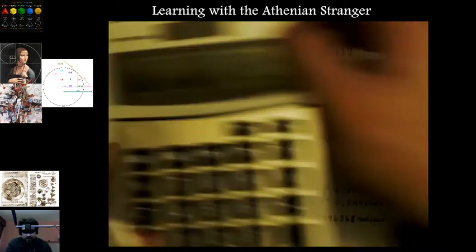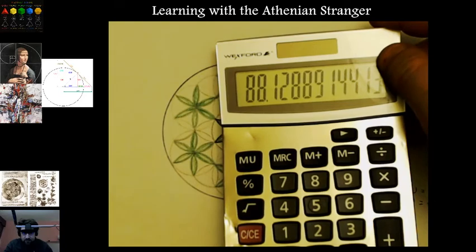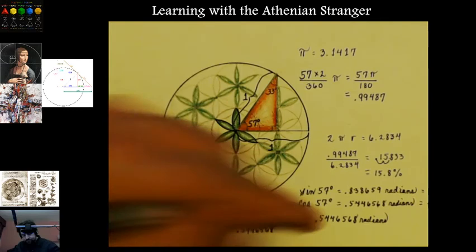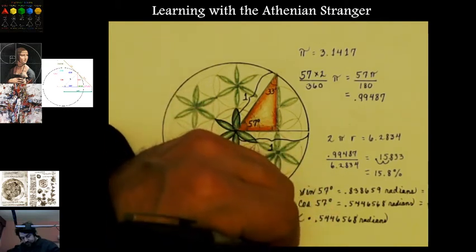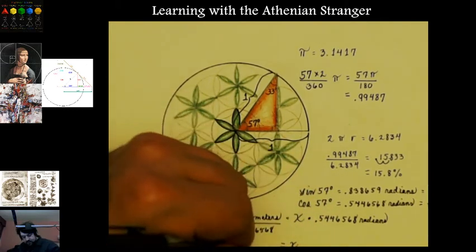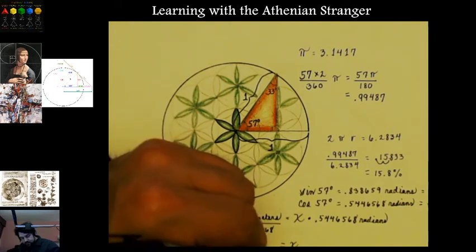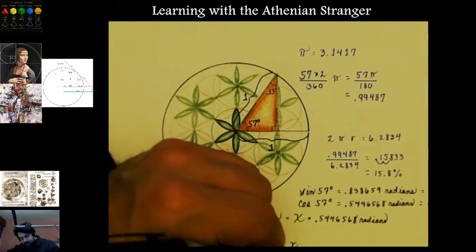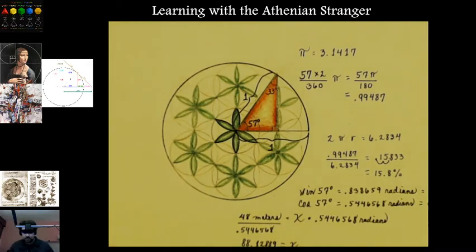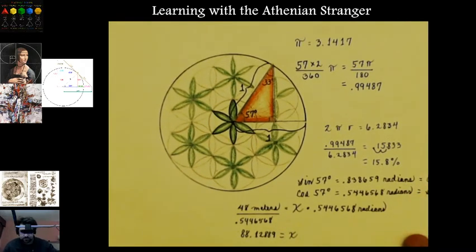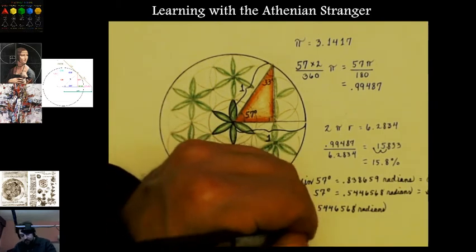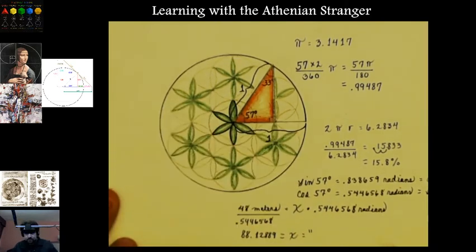All right, that gives me my scale factor of 88.12889. All right. So x equaled 88.12889. That's our scale factor. So I'll actually write that in. This is what we'll call the scale factor.